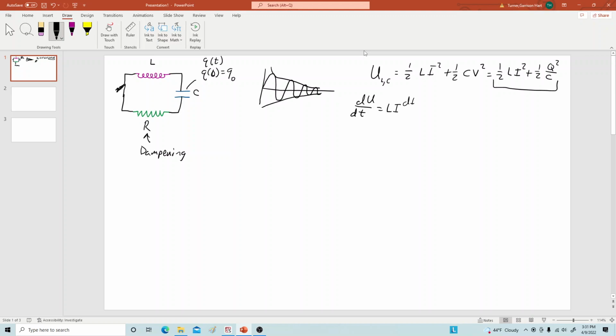right, then this is going to be Li di/dt, and take the derivative of 1/2 q squared over C. The 1/2 is going to go away with the differentiation of the q, and this is going to become q over C dq/dt.